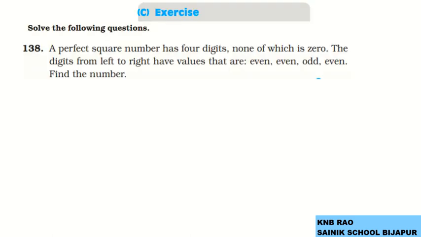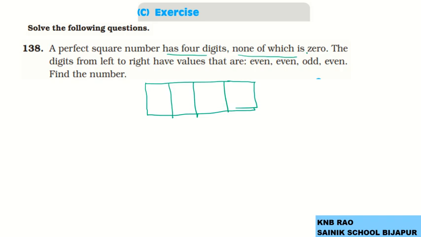So coming to the 138th question: a perfect square number has 4 digits. See children, out of all these 142 questions I have seen, this is one of the tricky questions, so pay attention carefully. None of which is 0.